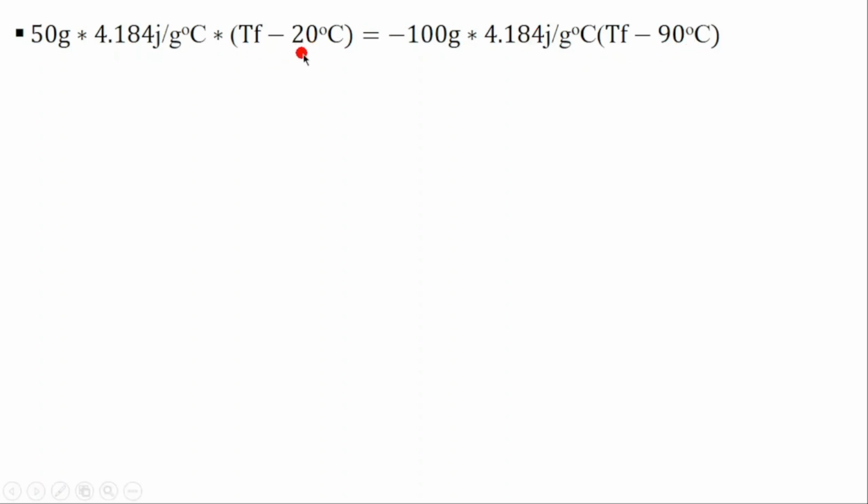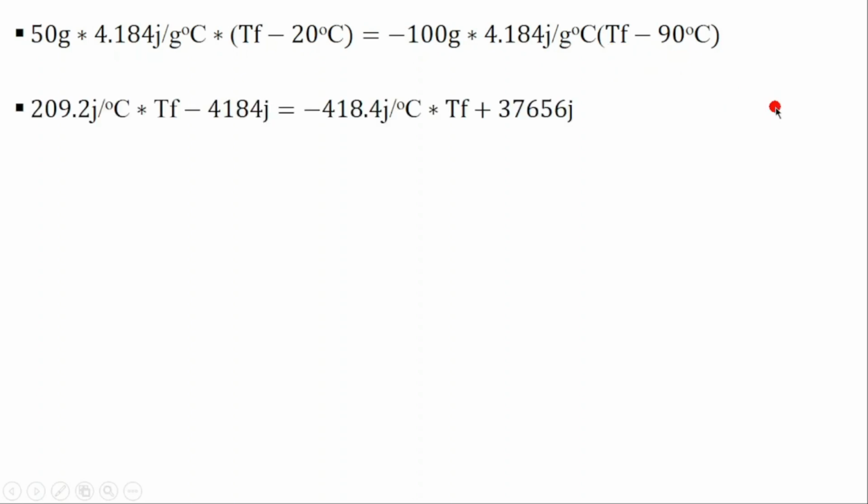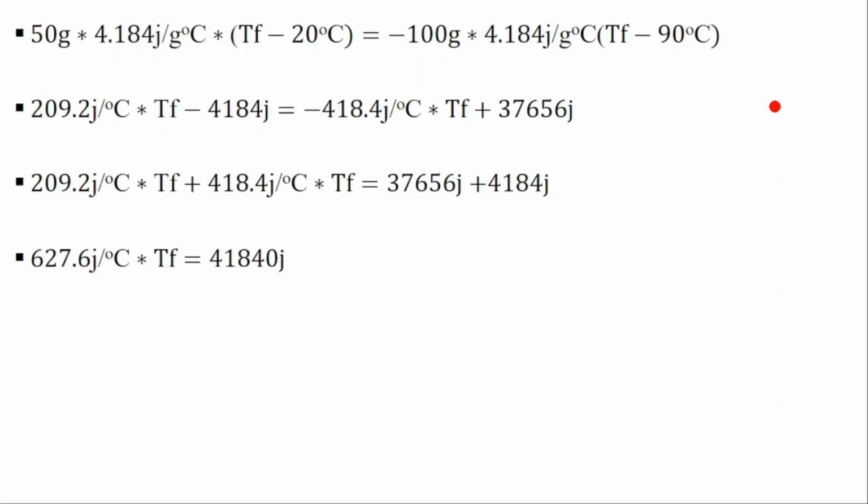Here also the initial temperature is 20 degrees Celsius. So we need to calculate the final temperature, which is Tf. If we multiply and do some addition, we'll see that the final temperature of the water is equal to 66.7 degrees Celsius.